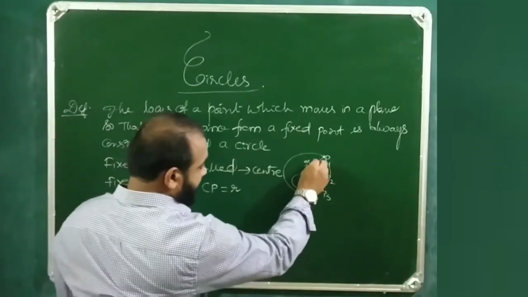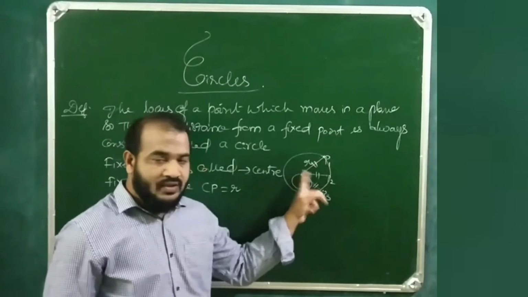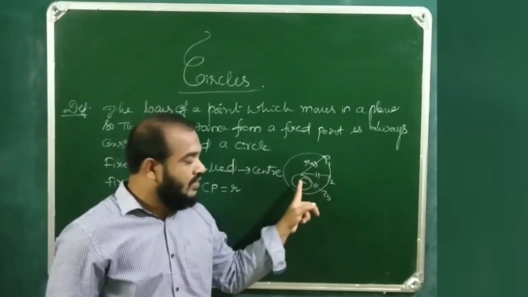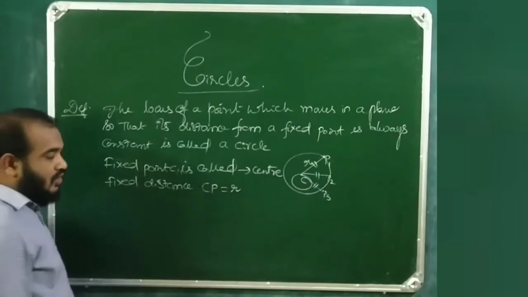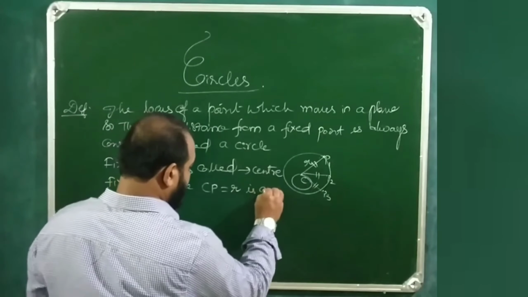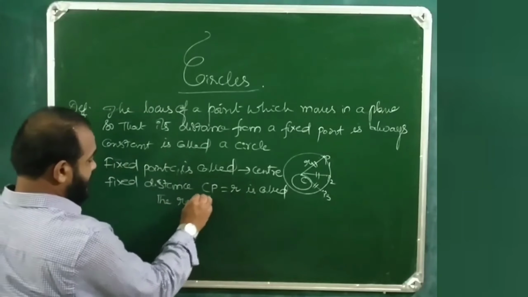So these are all at an equal distance from the fixed point. So the fixed distance CP equals r is called the radius.